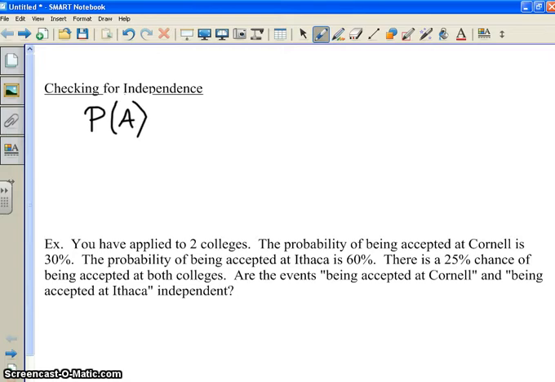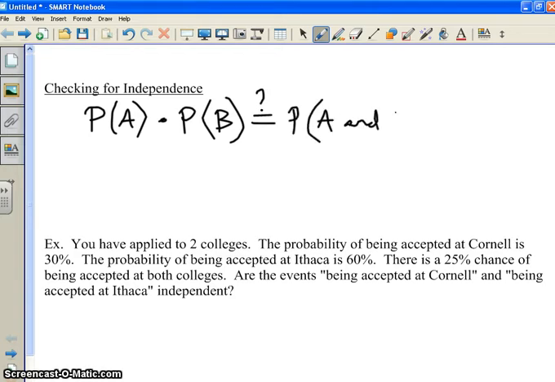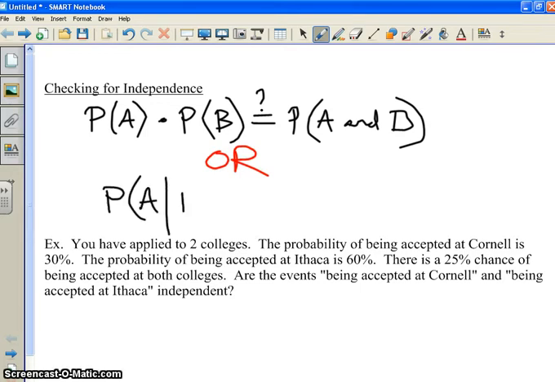Does the probability of A times the probability of B equal the probability of A and B? Or your other option is to check to see if the probability of A given B is the same as the probability of A. So, for example, knowing B hasn't influenced A at all.